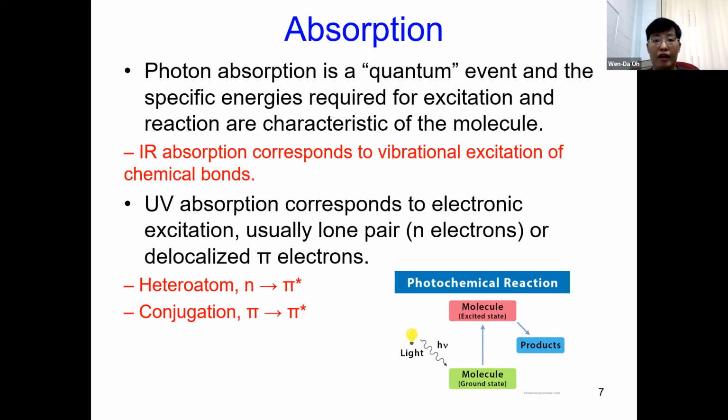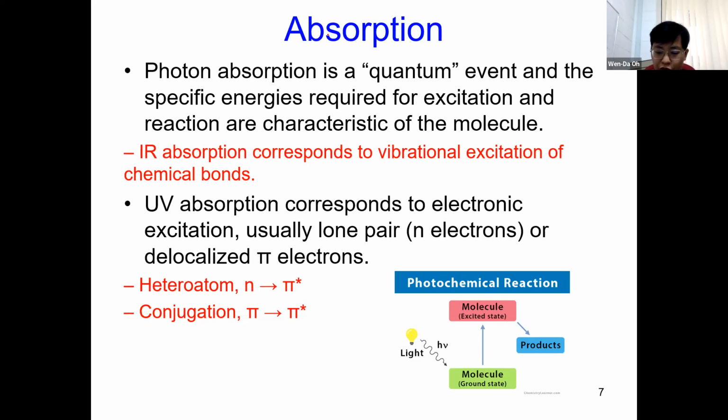After the photon has been absorbed by the organic molecule, we have excitation of the electron. The electron can move from one state to another state. This is more of physical chemistry, but this is what is happening in the environment.